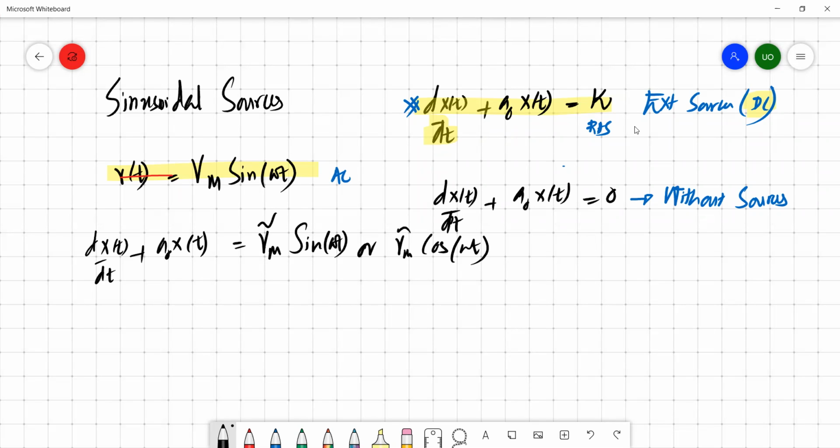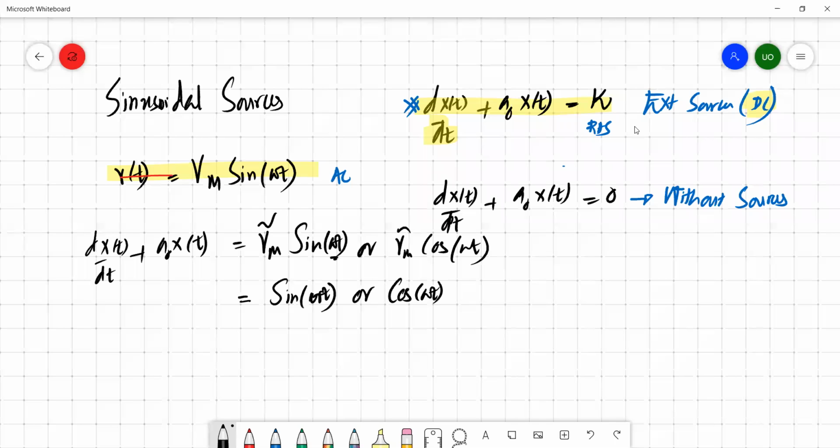Once you take the derivative with respect to t for this entire expression, the source value is sine, but once you differentiate it, it is simply converted to a cos function. So basically your right hand side would end up being either a sine function with the same frequency or a cosine function with the same frequency, with different amplitude.